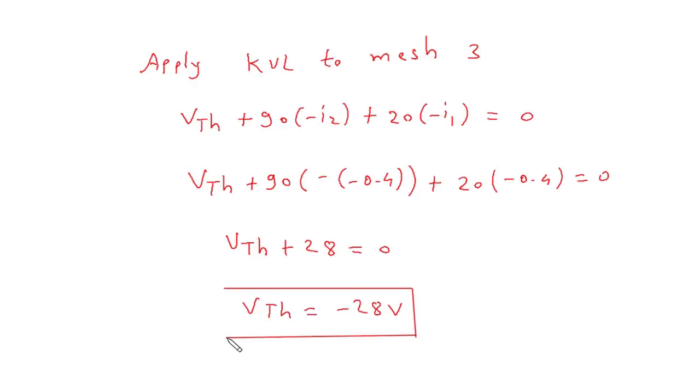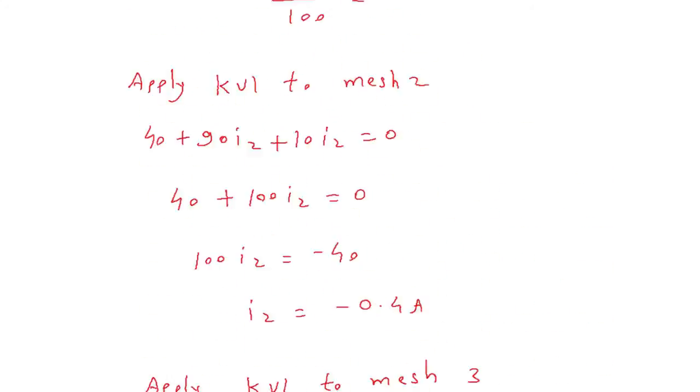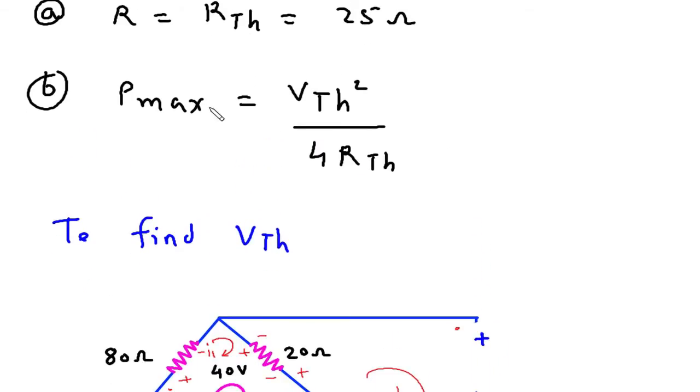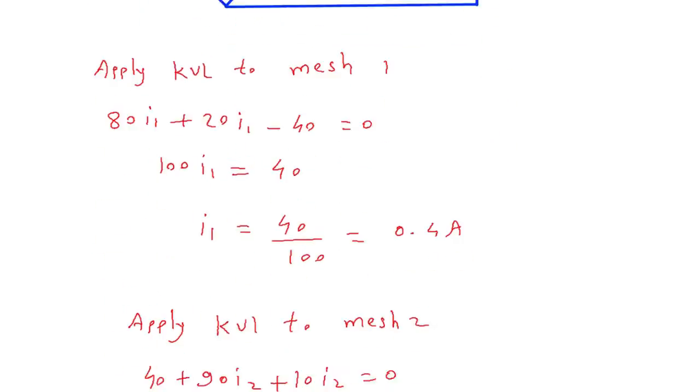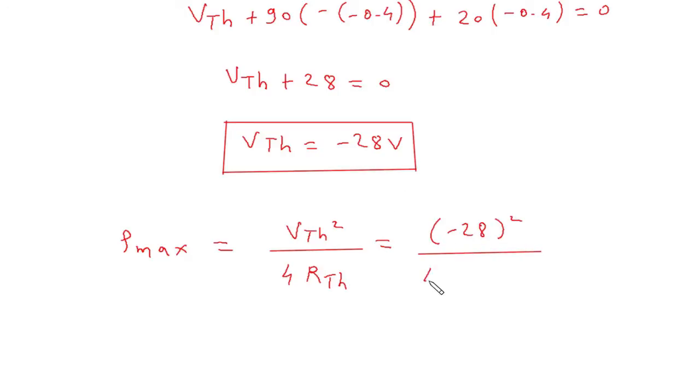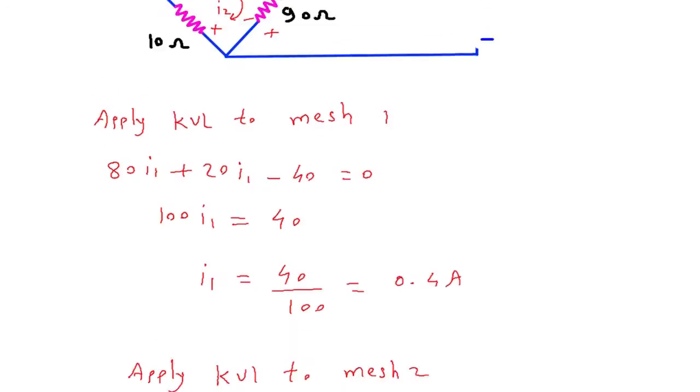Now we have the value of VTH and RTH. So we can find P max. P max will be equal to VTH square by 4RTH. VTH is minus 28 square divided by 4 into RTH.